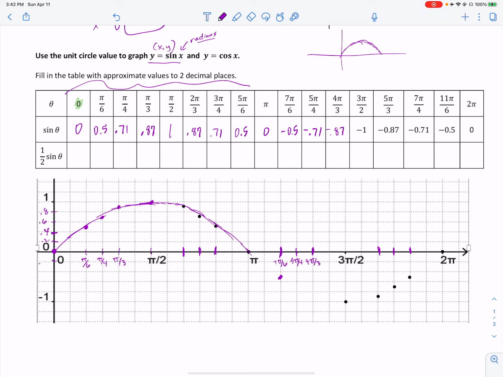And so here we're at negative 0.2, negative 0.4, negative 0.6, negative 0.8, and negative 1. At 5 pi fourths, we're at negative 0.71. And at 4 pi thirds, we're at a negative 0.87. And then I filled in the others.